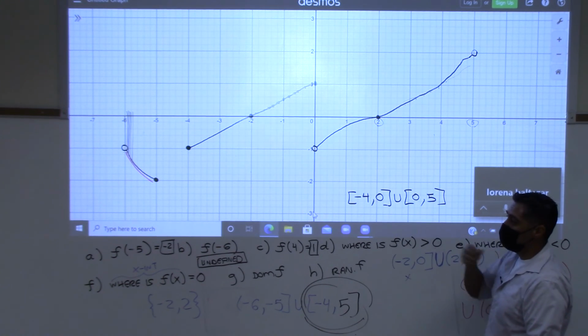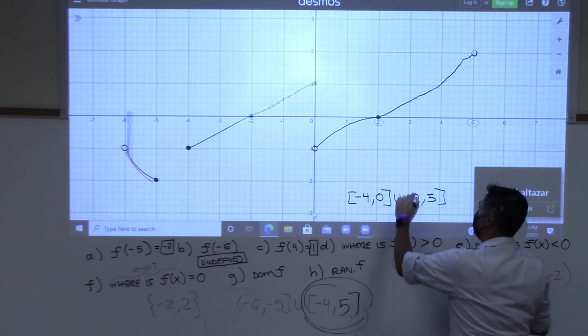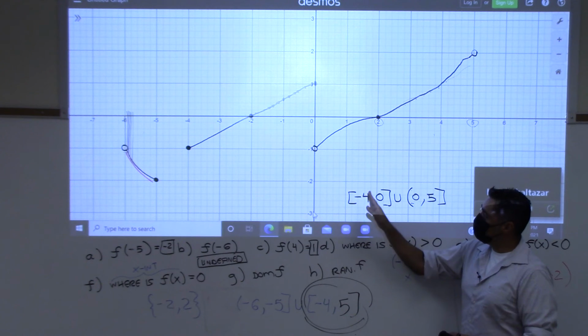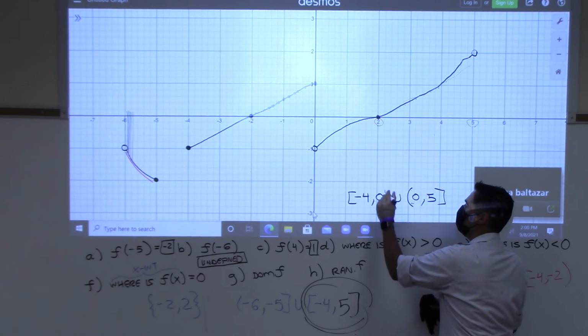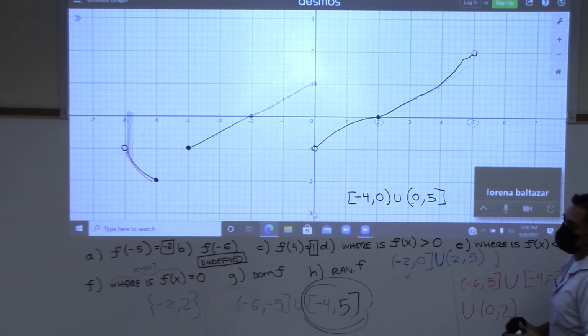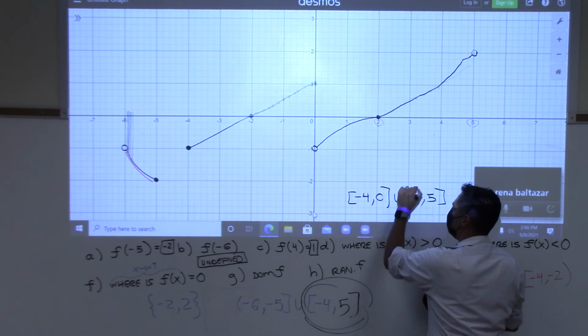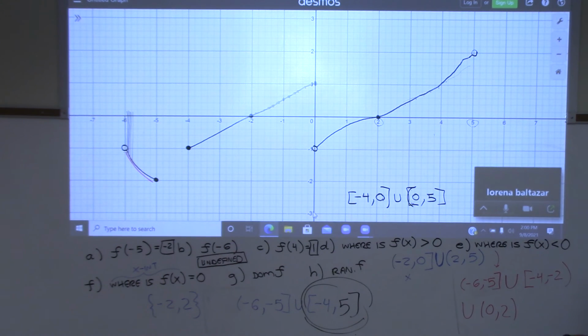This means everything between -4 all the way to 5. Now, if you put parentheses here, that would be wrong, because you've excluded 0, but you actually had it. If your brain does better thinking that way, it's fine because it's not wrong. Good question.